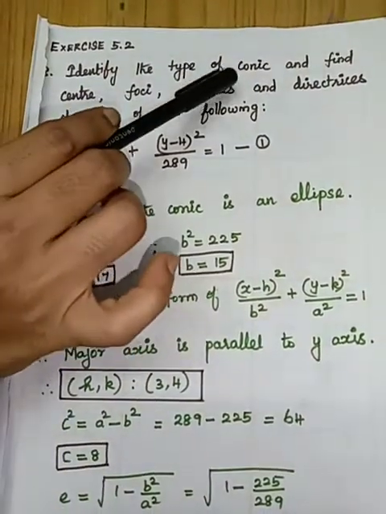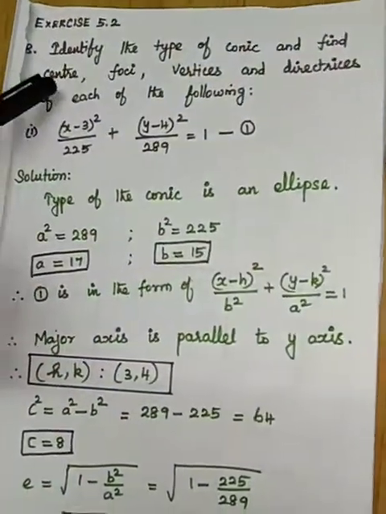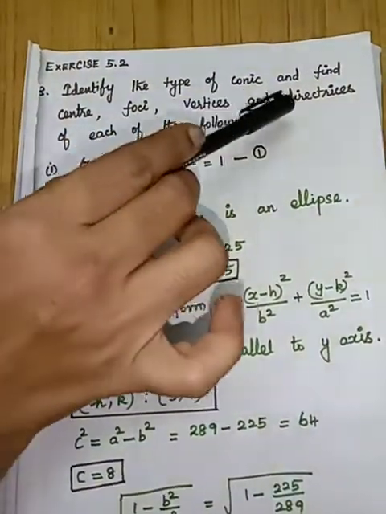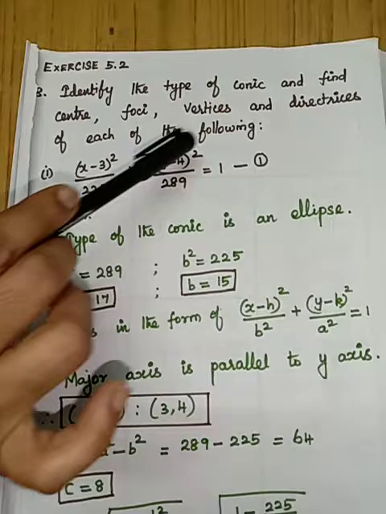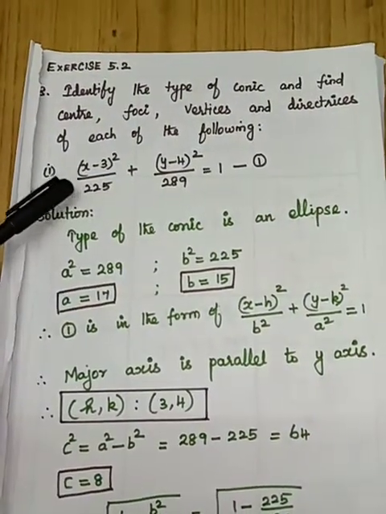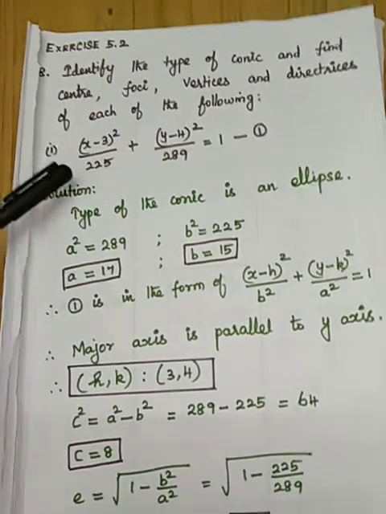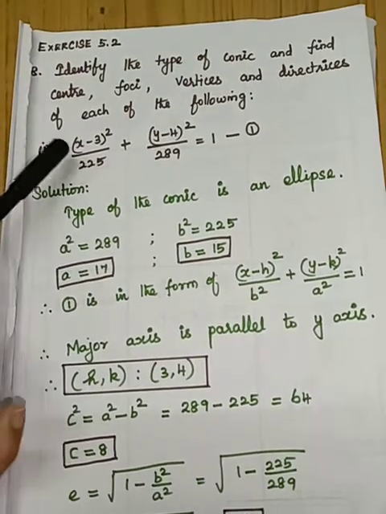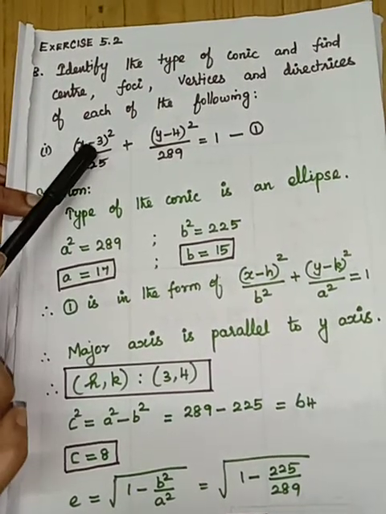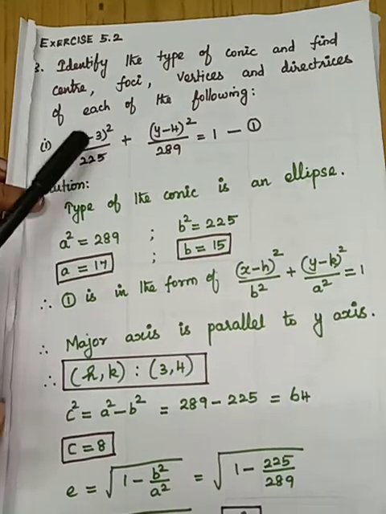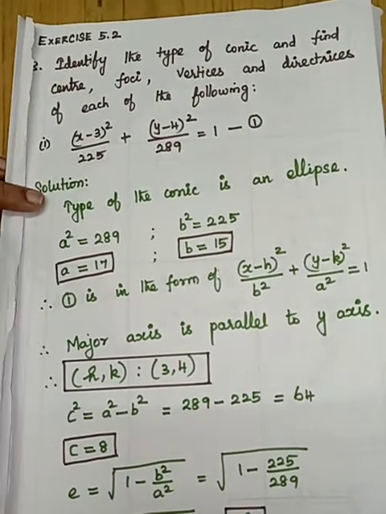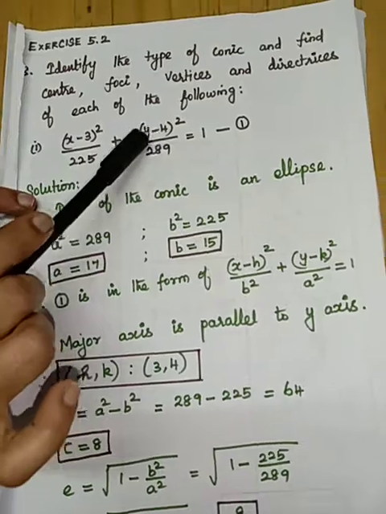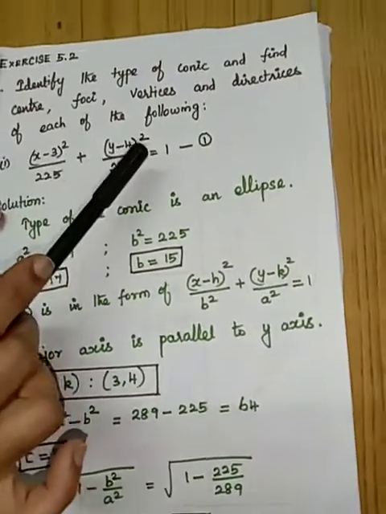Identify the type of conic and find the center, foci, vertices and directrices of each of the following. This is the question given. It is not in the standard form. Why? If it is in the standard form, then in the numerator, instead of x minus 3 you will have x squared, and instead of y minus 4 you will have y squared.